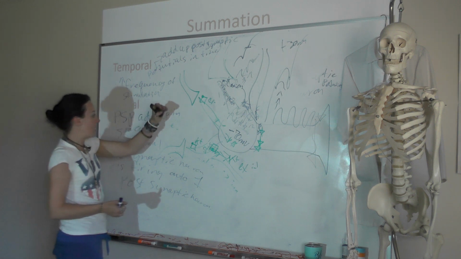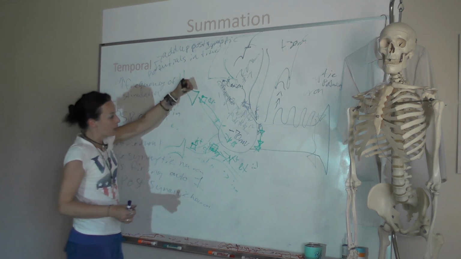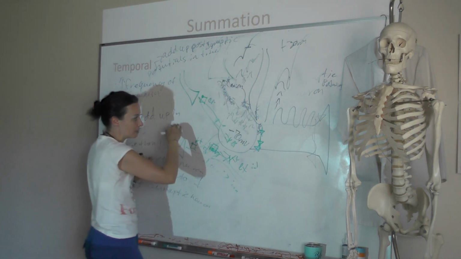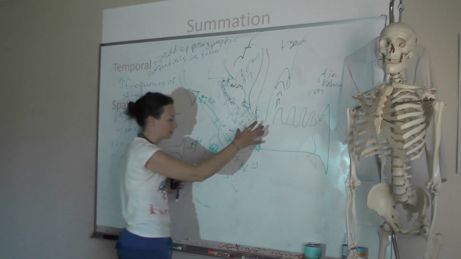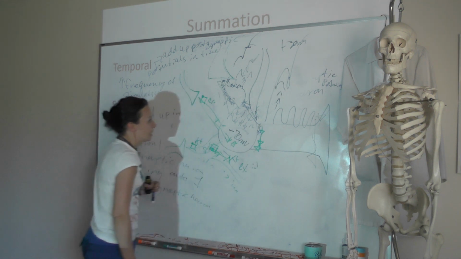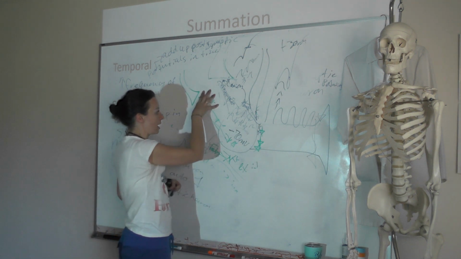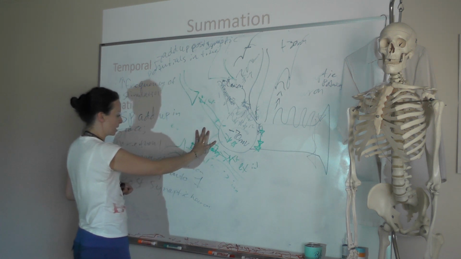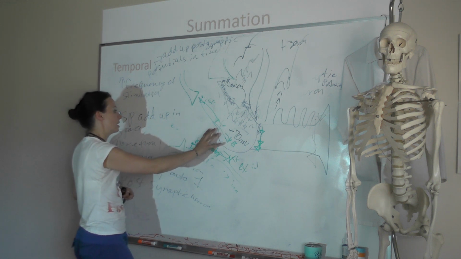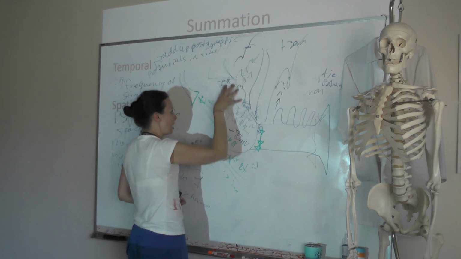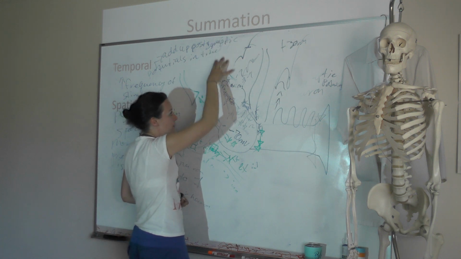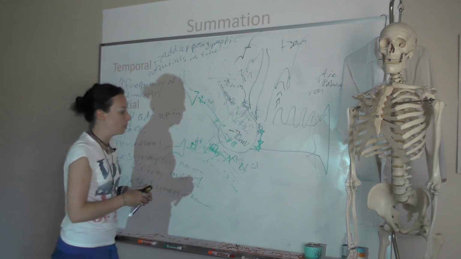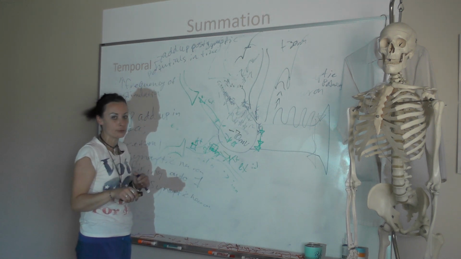If I were to sum up spatially, let's say I had one chloride ion channel open at the exact same time one cation channel opened, then they would cancel each other out and I would still not generate an action potential. If I had one chloride ion channel open, an inhibitory synapse activated here, and one potassium channel open, an inhibitory synapse activated here, and one excitatory postsynaptic potential because of an excitatory neurotransmitter binding here, would I move closer to or further from threshold?